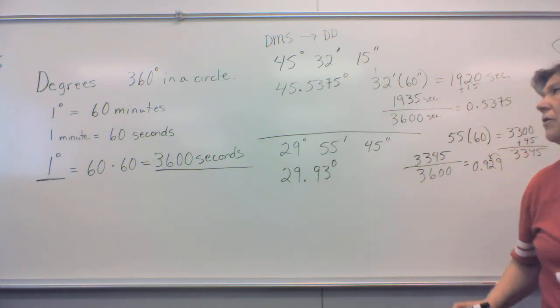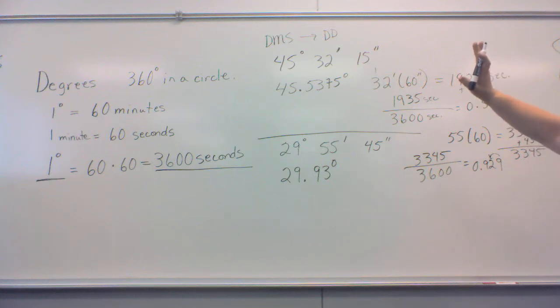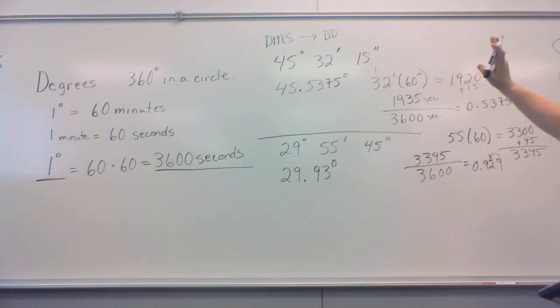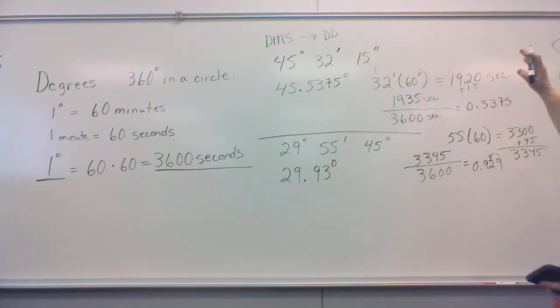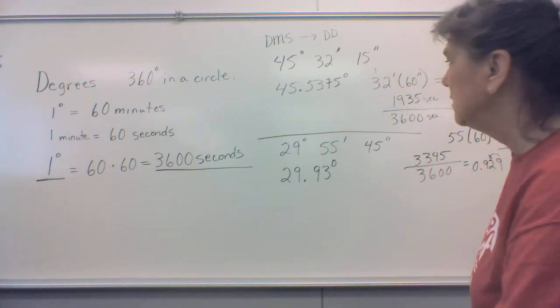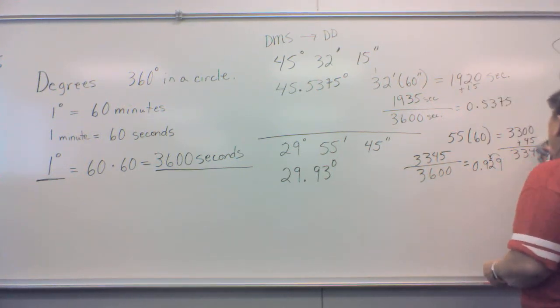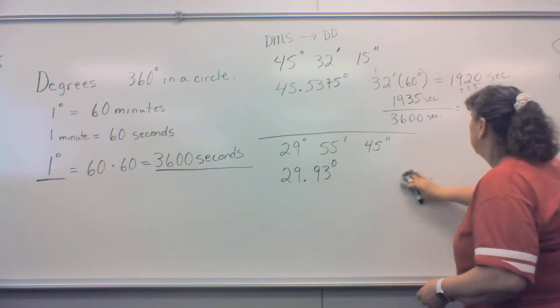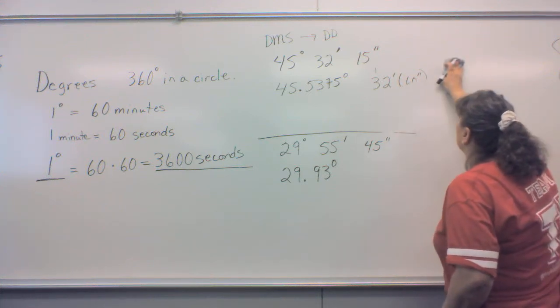Okay, so you can go either from degree, minute, second to decimal degree, or you can go decimal degree to degree, minute, second. And we're going to do two more of these, one way and one the other way. I'm going to make them a little bit harder.